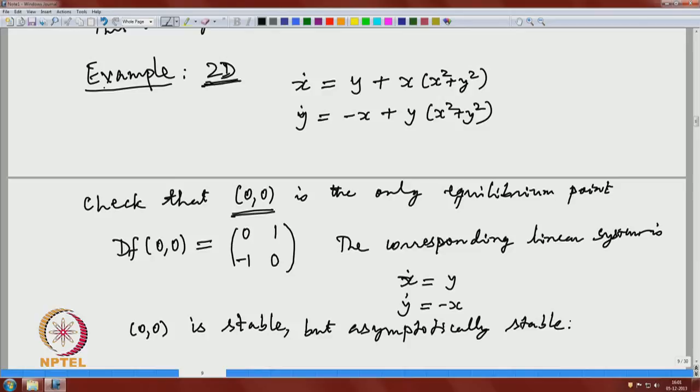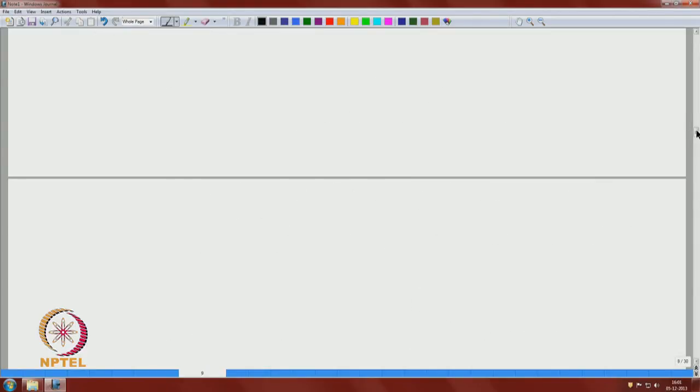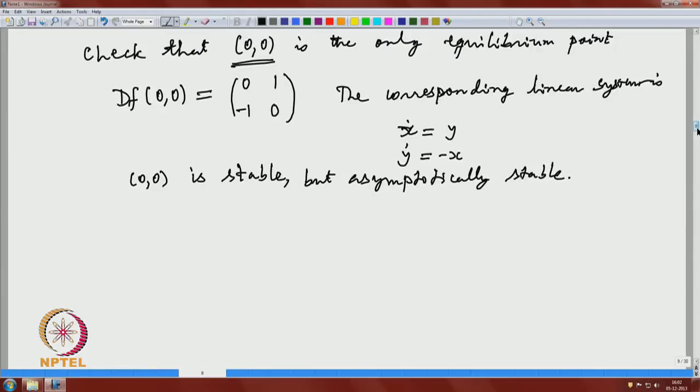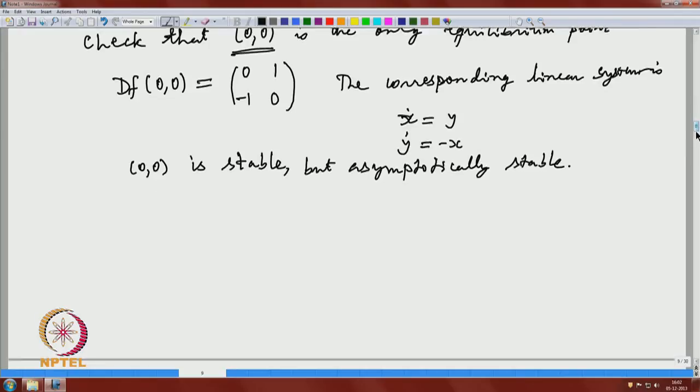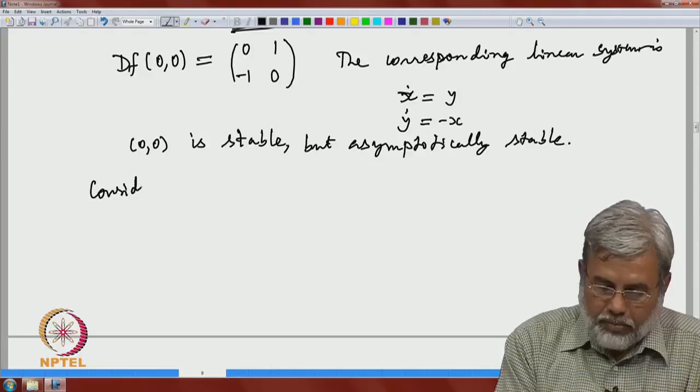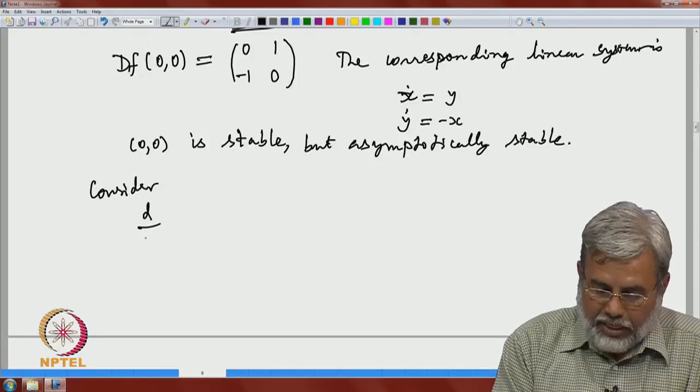And now we ask the question, is 0 0 stable for the original system? So, remember this is our original system. Okay. So, let us try to analyze in this case directly what will happen. So, consider d by dt of x square plus y square.